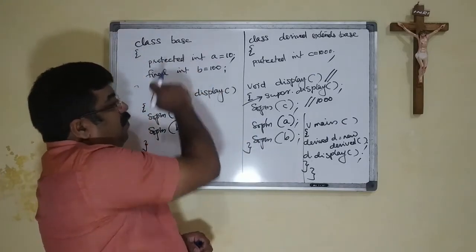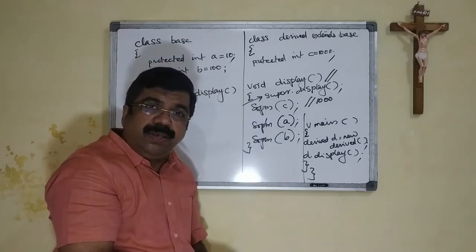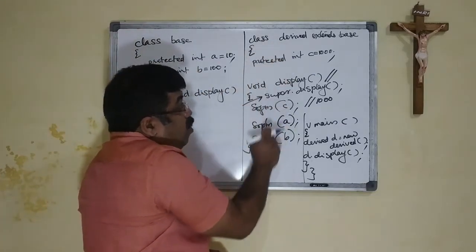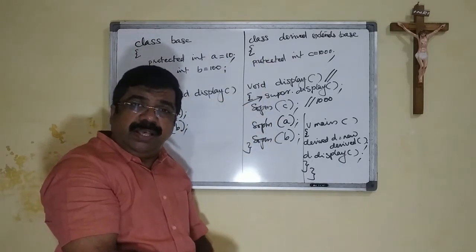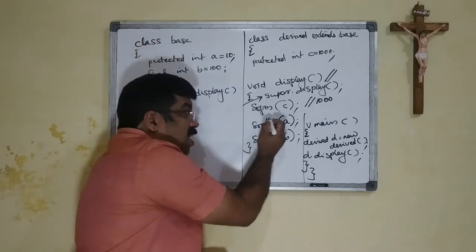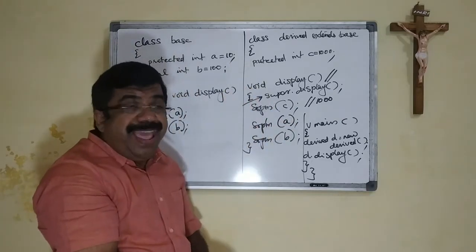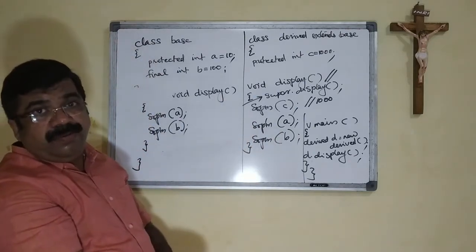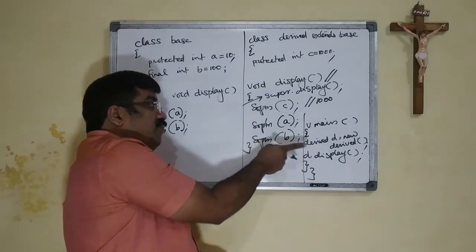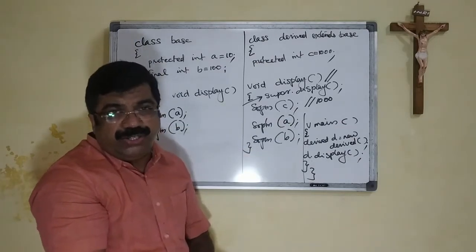We did not specify that it is from the base, and we don't have that variable in the derived class. Then how do we get that variable A? And what about this variable B? B is also a variable of the base class.